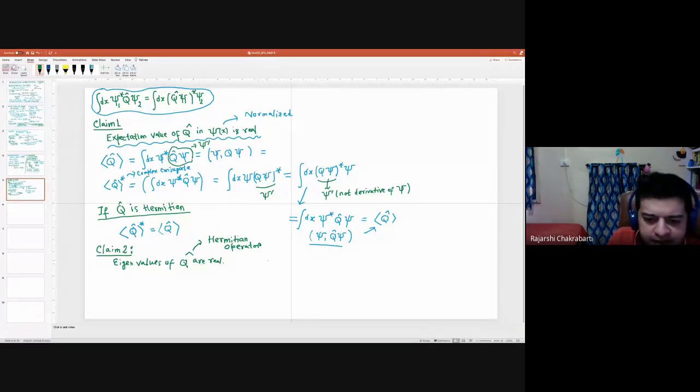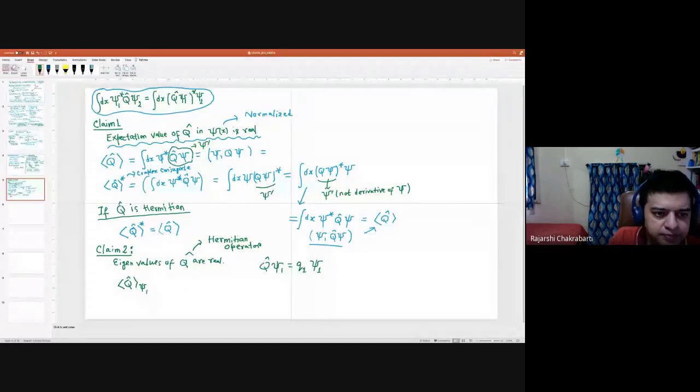For example, I can take Q and operate on, say, something like psi1, and I say the eigenvalue is Q1, so Q psi1 equals Q1 times psi1. This is the eigenvalue equation. Now in that state psi1, if I calculate the expectation value of Q in that state psi1, this is going to be nothing but, I just write down again.